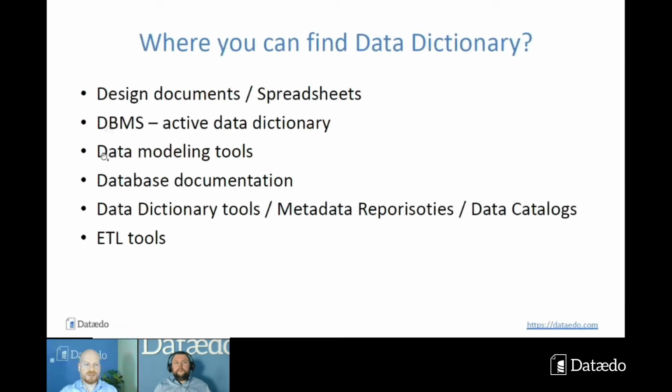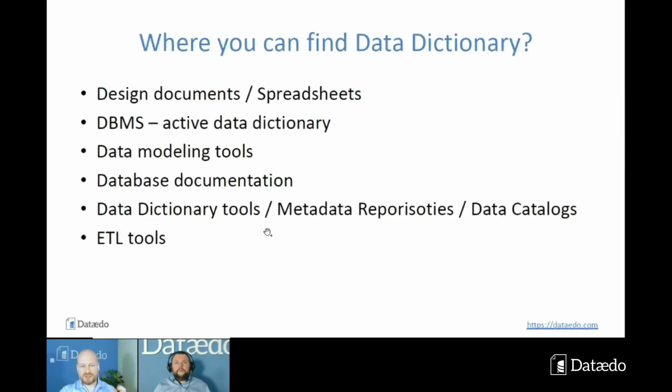You could also look at the modeling tools, right? So somebody used maybe a data modeling tool and they used some naming that could be different than a database, that also gives useful insights. You could look at the database, as I showed you before. You could try to look for some kind of documentation that sometimes is delivered with the system in PDF or HTML or somewhere online on the vendor page.